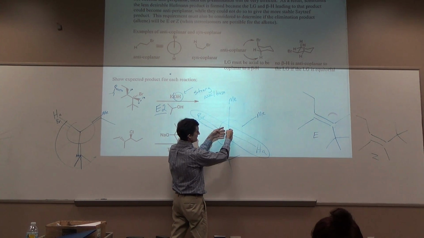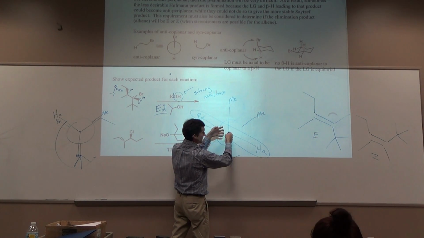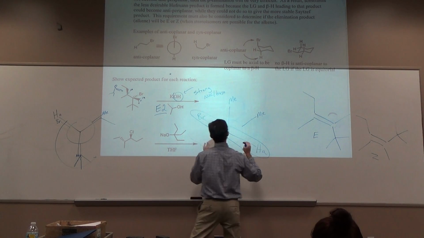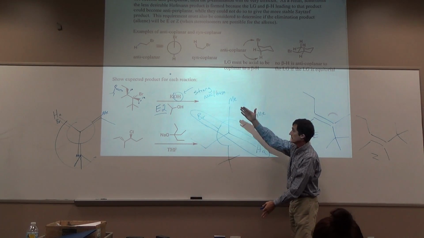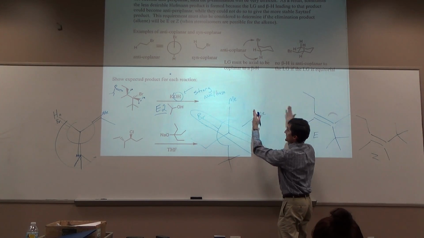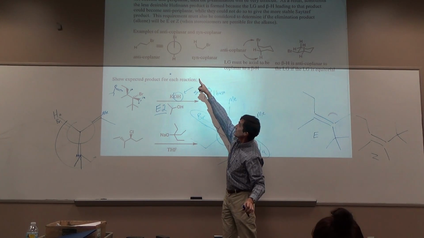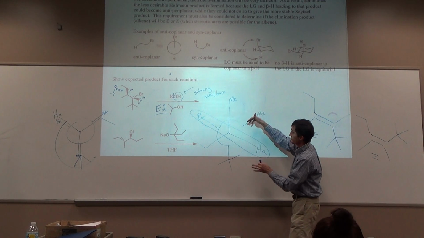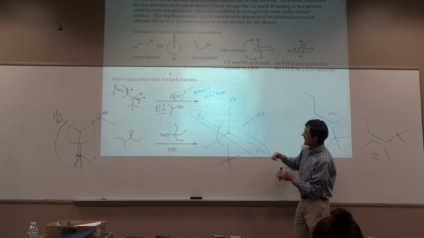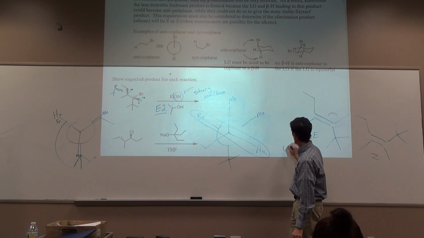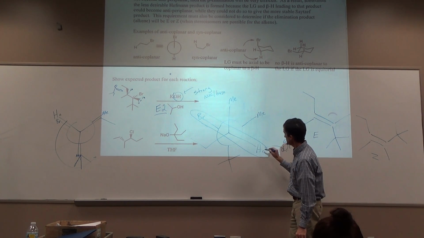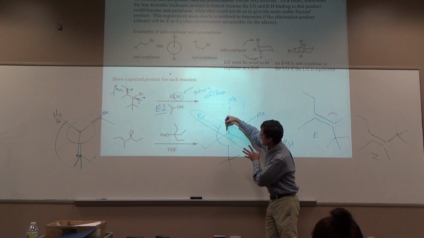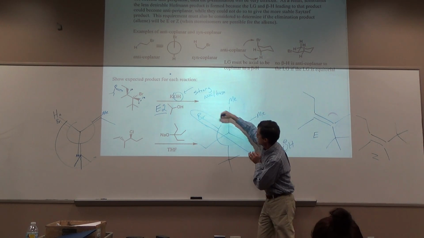Here's sort of the center, the anti. If I just turn this, the bromine would be straight up, the H straight down. It'd be like I showed you, like that up there, without the other groups. That's how the elimination takes place. The hydroxide takes the H. The electrons move in between the two carbons, which we can't see, and kicks off the bromine.